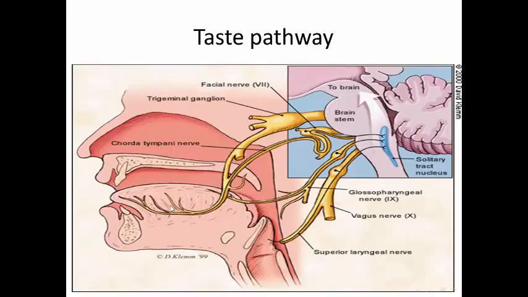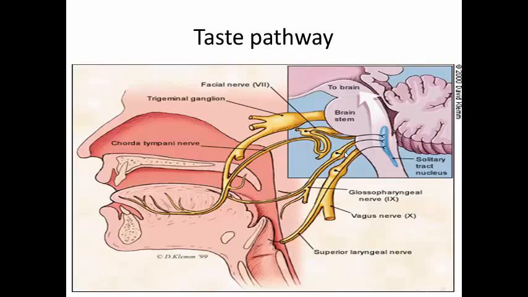The first one is the facial nerve through the chorda tympani branch. It will transmit the taste sensation from the anterior two-thirds of the tongue. The second is the glossopharyngeal nerve, which transmits the taste sensation from the posterior one-third of the tongue. And the third nerve is the vagus nerve, which transmits the taste sensation from the pharynx.